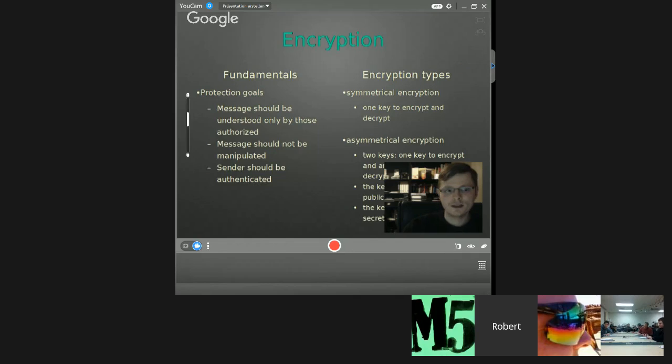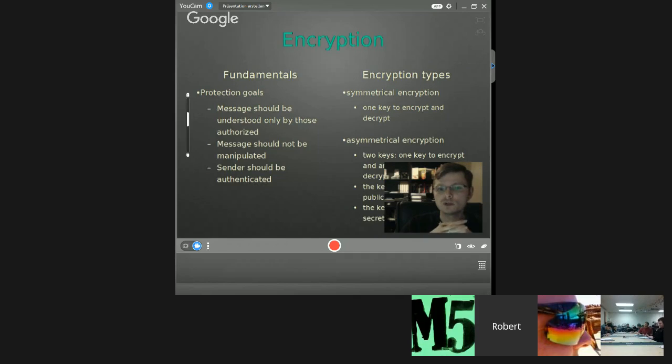Those are the three main protection goals of encryption. And there are different kinds of encryption you can use to achieve these goals. They are basically divided again into two upper classes: symmetrical encryption and asymmetrical encryption.